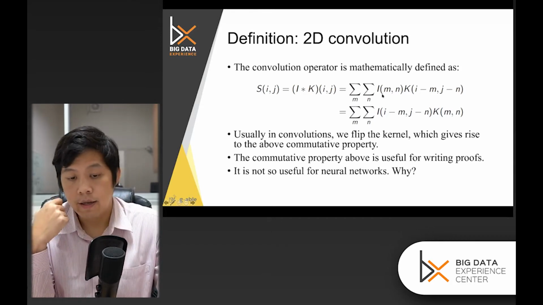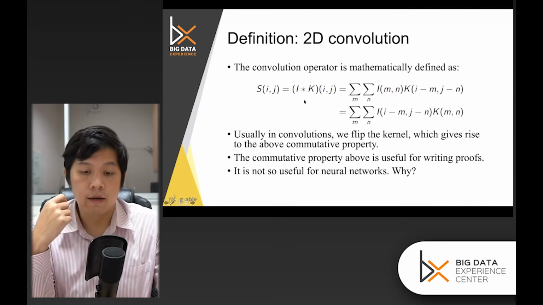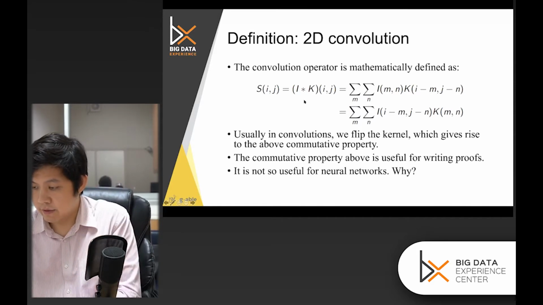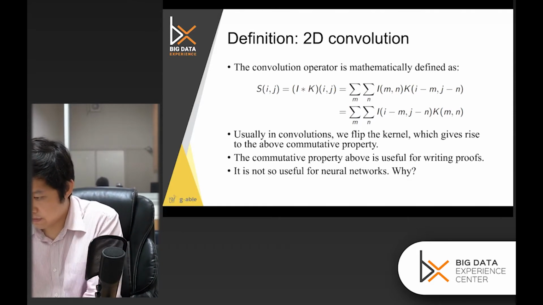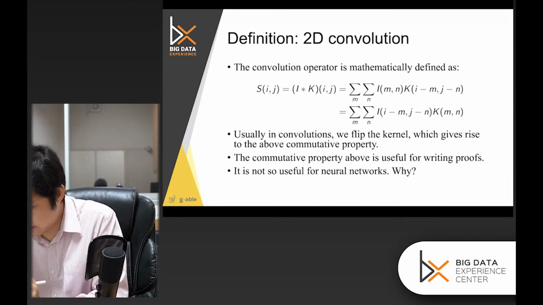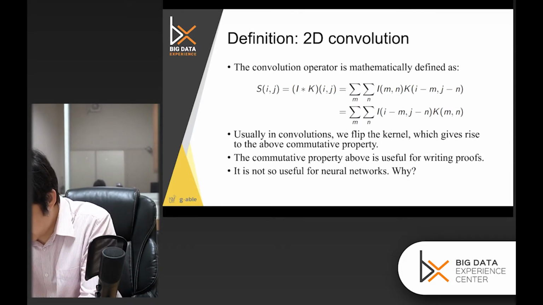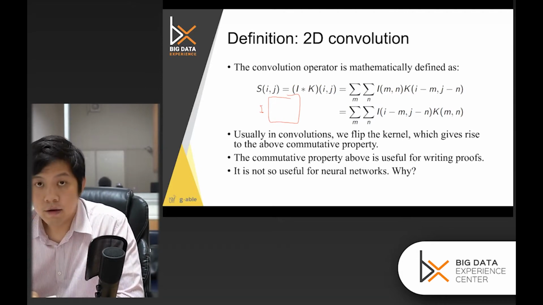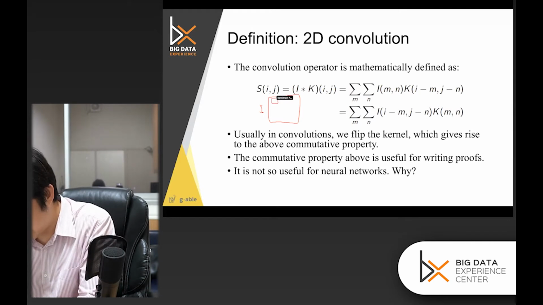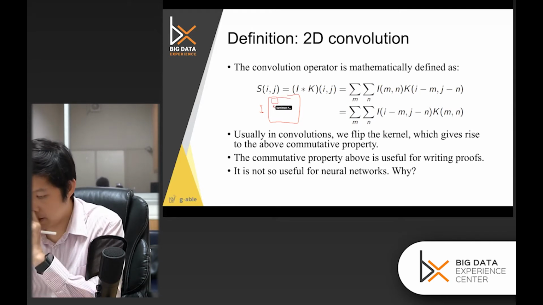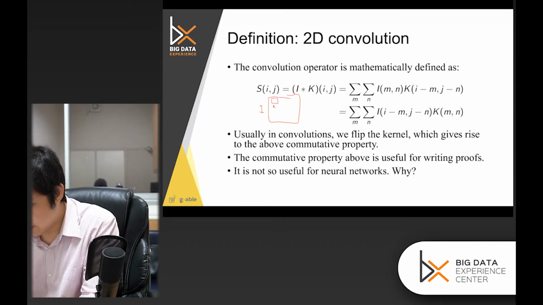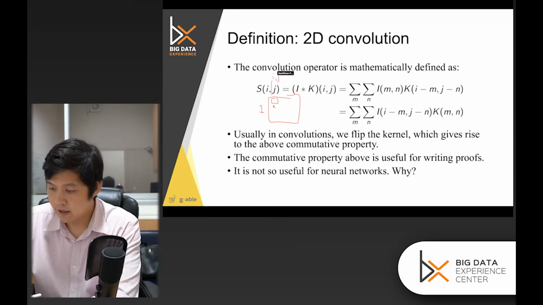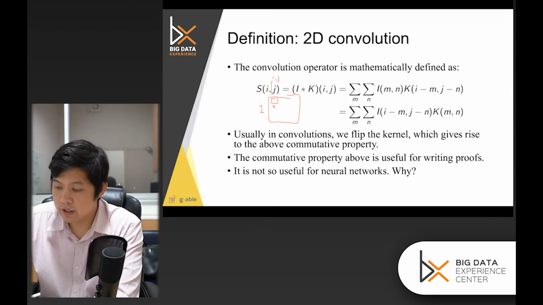Okay, and so the best way is maybe to write this down. Let's define the first. You have I, and we have this small mask K. This small mask's current location is at the i and j location. At the i and j location, you shift.